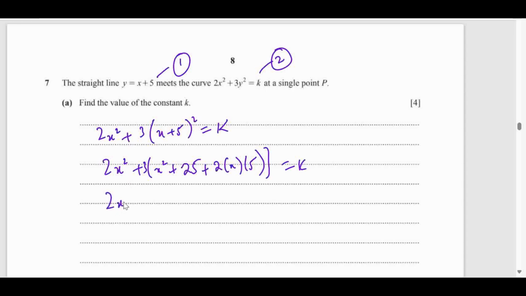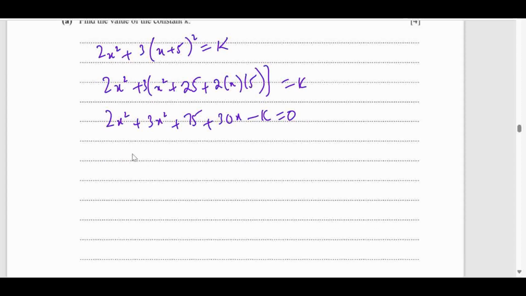Then this will be 2x square plus x square plus 25 plus 10x minus k is equal to 0. Let's rearrange the equation. So this will be 3x square plus 10x plus 25 minus k is equal to 0.